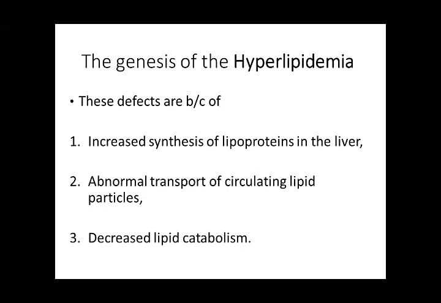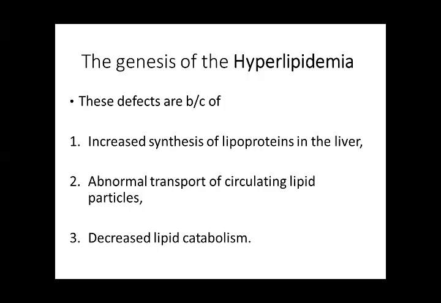So these defects are because of increased synthesis. Oh yeah, hyperlipidemia and lipiduria. The genesis of hyperlipidemia is because of increased synthesis of lipoproteins in the liver, abnormal transport of circulating lipid particles, and decreased lipid catabolism, right?